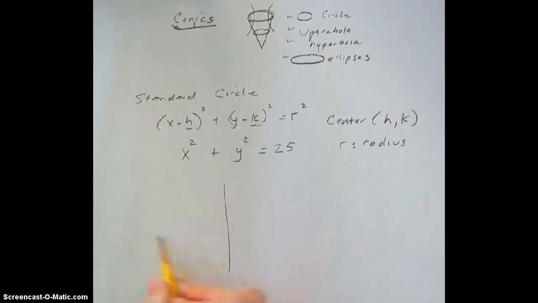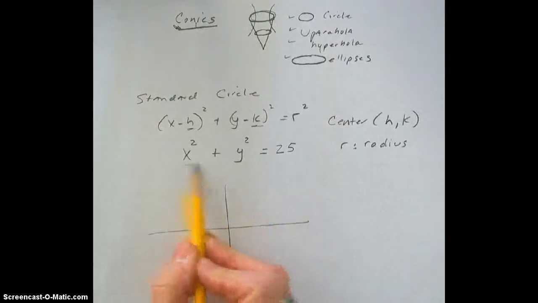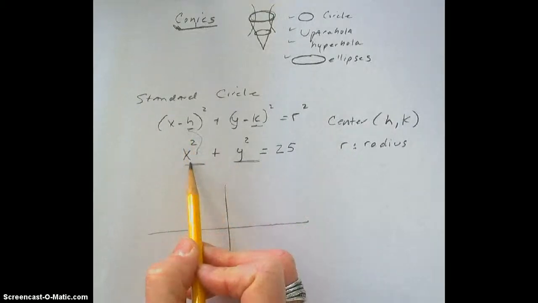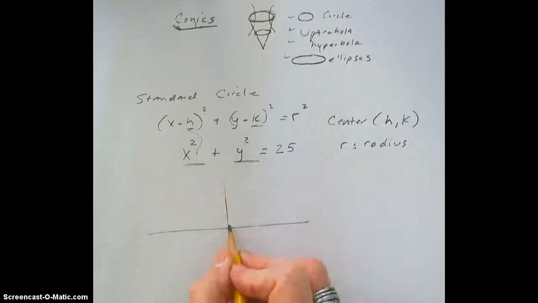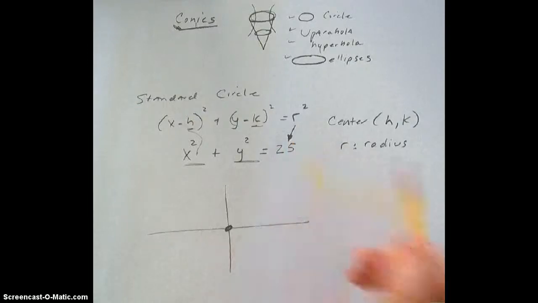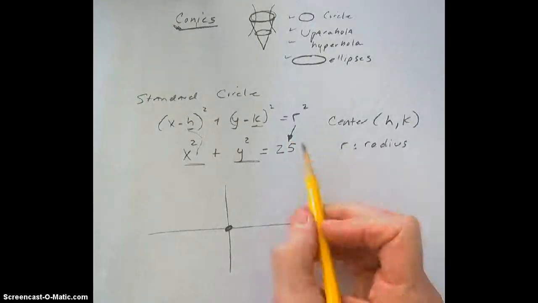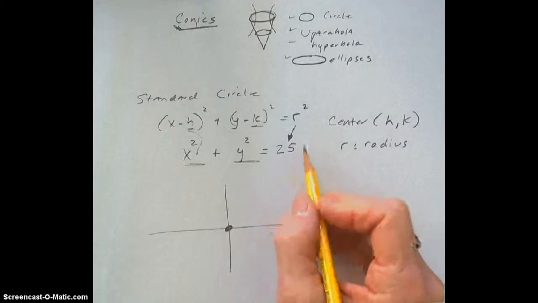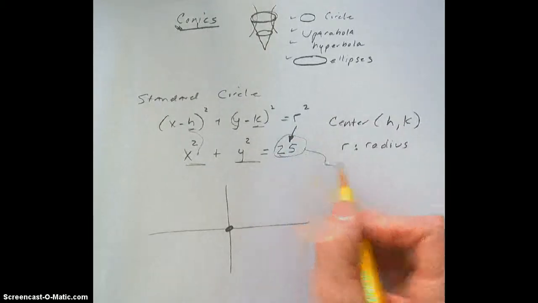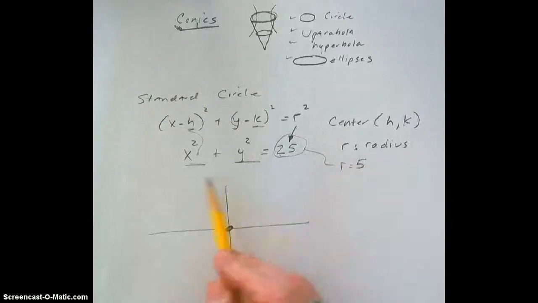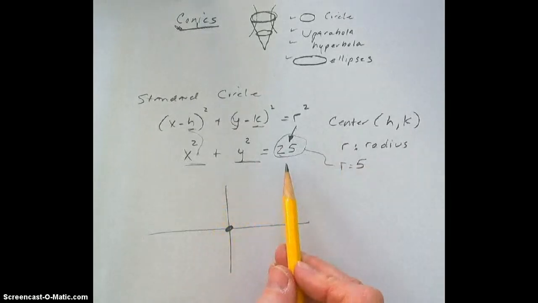So in this case, what are h and k? If there's not a number along with the x, it will just be 0, 0. And the number on the other side of the equal sign is our radius squared. To find the radius, we take the square root of this number. So in this particular circle, we have center 0, 0 and our radius is going to be 5.